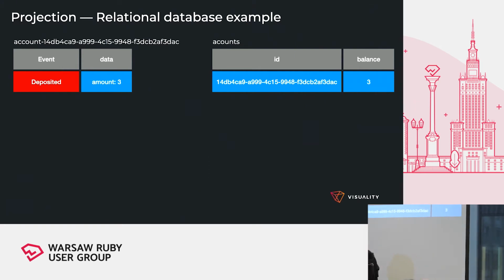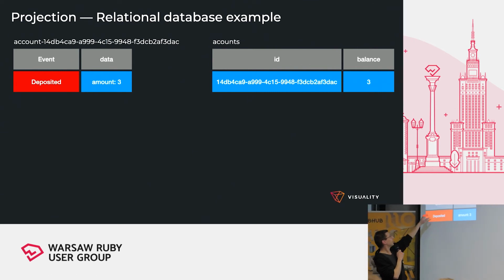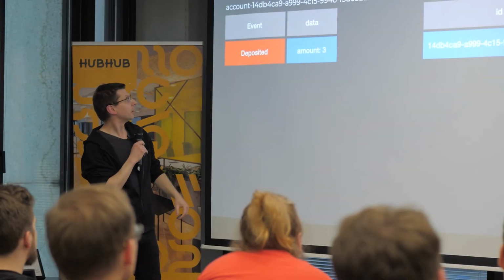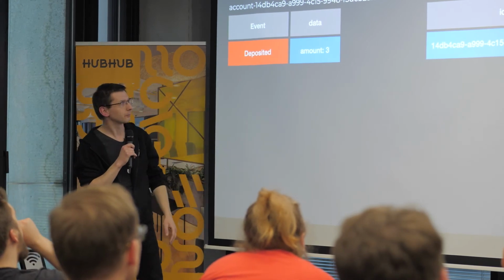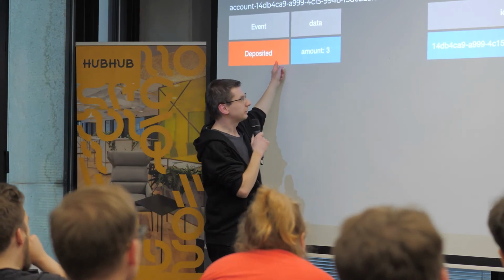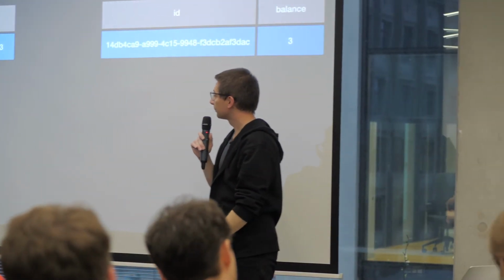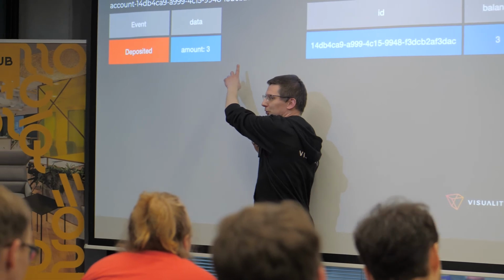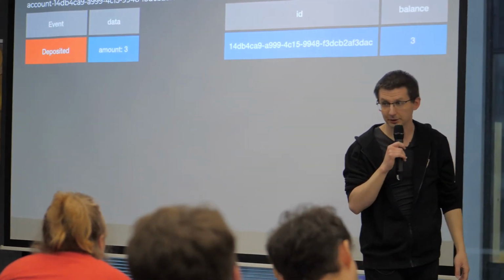Let's imagine we have an account stream. It's like a bank account, right? You can deposit, you can withdraw. So we have an event. Someone has deposited 3 of whatever. And we can project this into our relational database. How? This event is consumed by a consumer, which puts data into a relational database, because why not?